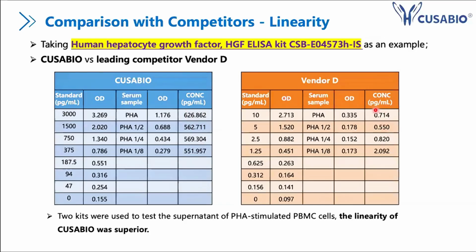But for vendor D, you see that this range is pretty large. So it looks like the linearity of the vendor D ELISA kit is not as good as CUSABIO shows. So I would say that in this case, the linearity of CUSABIO was superior.